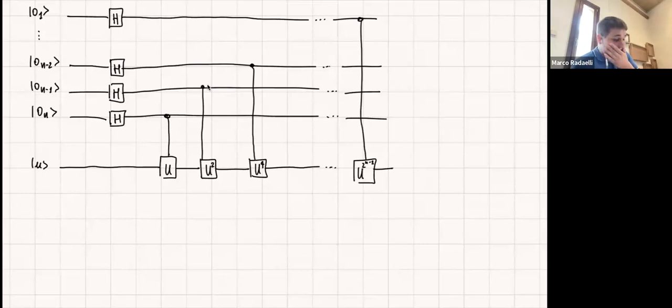Now, we notice that since small u is an eigenvector of big U, we keep applying an operator which has u as an eigenvector to its eigenvector.